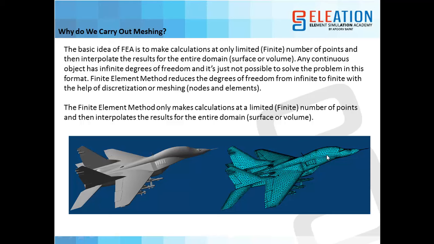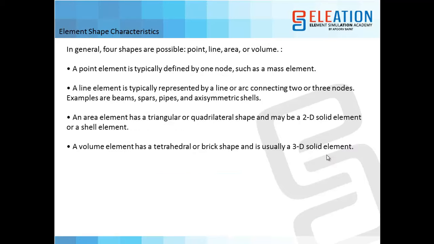The shapes generated by connecting these nodes are called elements. With the help of those elements, my software calculates the results for the entire domain. So the finite element method only makes calculations at a limited number of points and then interpolates the result for the entire domain.